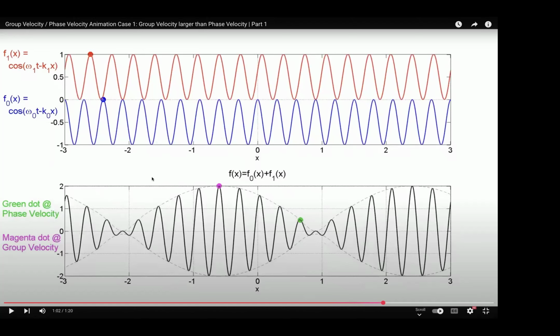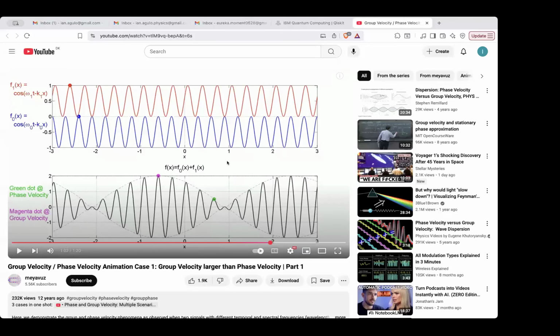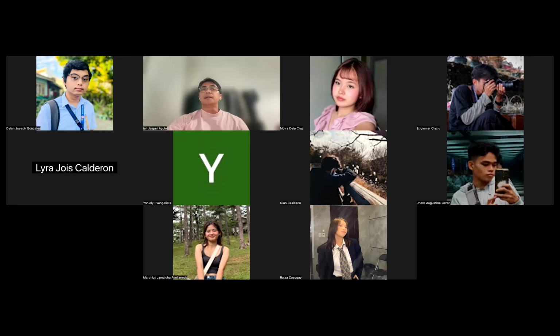Okay, so I'm also going to send this link sa inyo, YouTube link, para mapag-aralan n'yo at maintindihan n'yo or ma-picture n'yo kung paano nag-work yung group velocity, phase velocity, and kung paano i-interpret yung equation na diniscuss natin kanina.